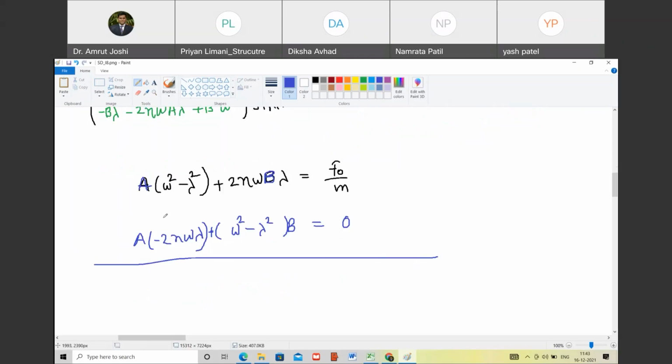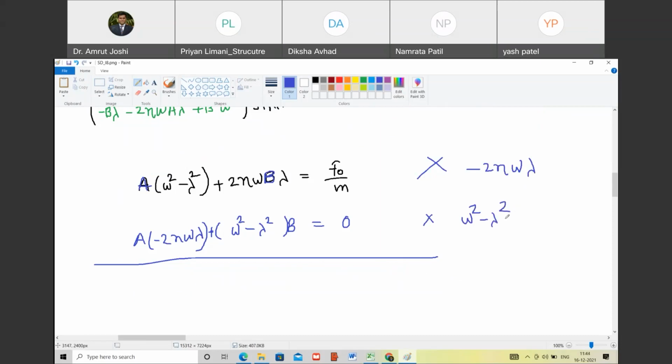So I want to eliminate one of the constants here. So omega square minus lambda square, and here what is the coefficient? Minus 2 eta omega lambda. So what I am going to do is multiply the first equation by minus 2 eta omega lambda, and multiply the second equation by omega square minus lambda square.